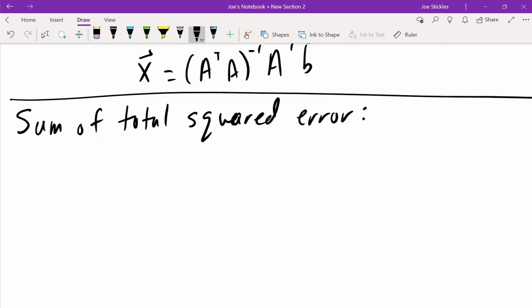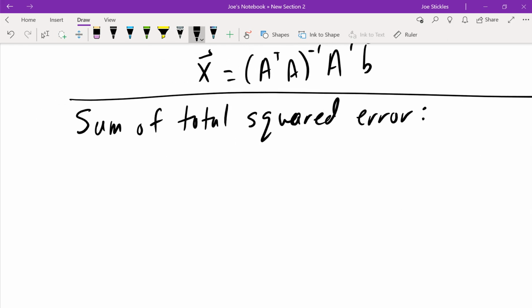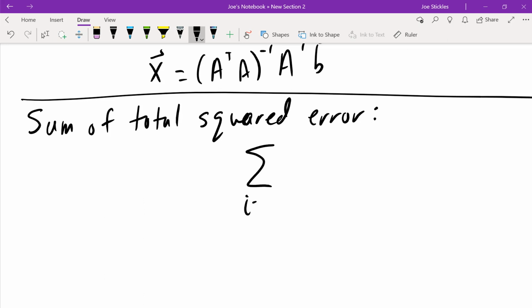What we mean by this is each of the points has a distance away from the mean of the y values. So the sum of the total squared error is the sum from i equals 1 to n of the points minus the mean, squared. If you don't square it, you'll always get 0.